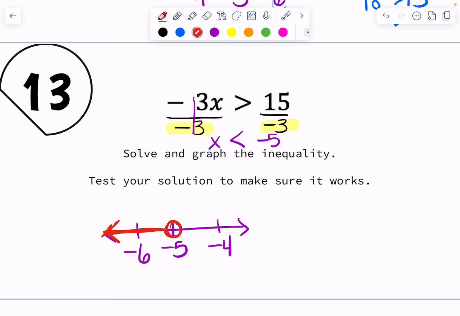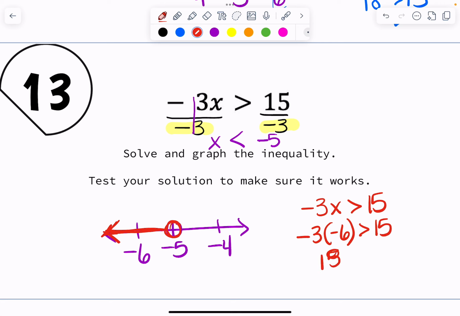So because my arrow is going toward this -6, let's just plug that one in. So my inequality is -3x is greater than 15. I'm going to plug in -6. So -3 times -6 is, just kidding, positive 18. And 18 is greater than 15.